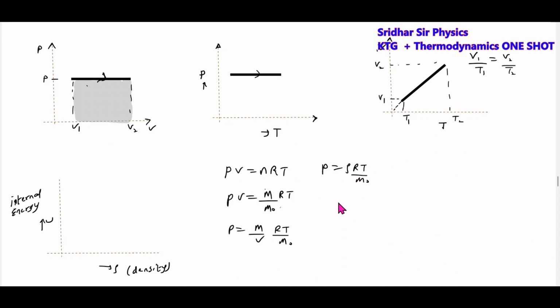Then on the other side we know internal energy will be nfRT by 2 or nR T by gamma minus 1. So this RT I can replace in terms of gamma. This will become rho m naught, RT will become U gamma minus 1 by n.